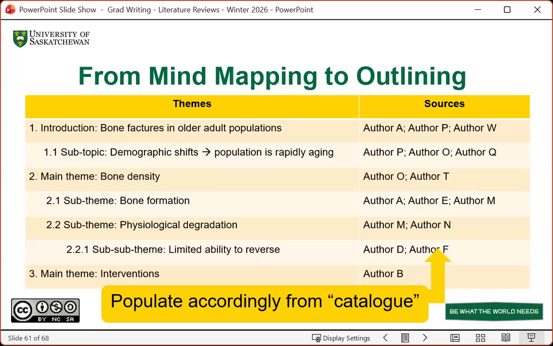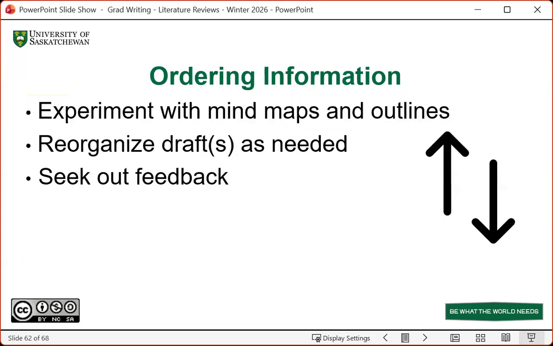I have these 3 or 4 sources that I know specifically relate to bone formation, and that's what I'm going to base my paragraph on. And so this can seem, in some ways, a little bit mechanical or prescriptive, but in terms of being able to write a first draft of a literature review, this can make things a little bit more manageable, which can be quite useful when taking on a complex writing task like this.